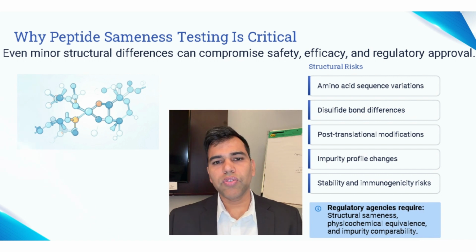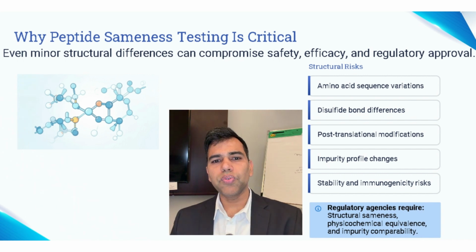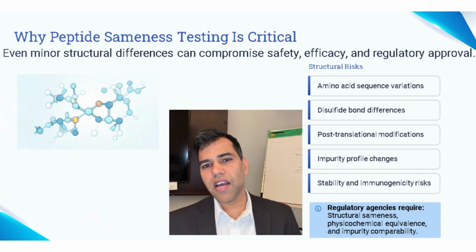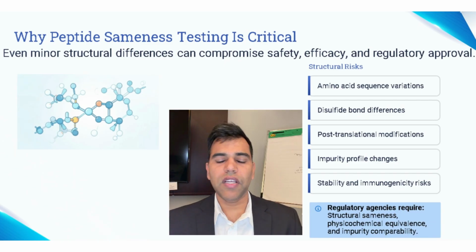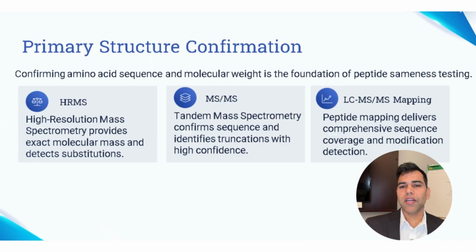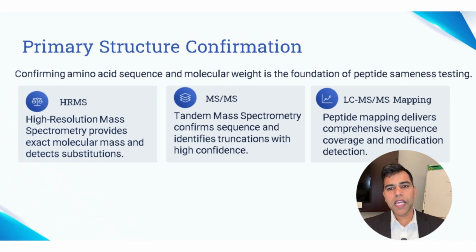So let me walk you through how you build the evidence that answers those questions convincingly. Everything begins with confirming primary structure. And I know that sounds basic, but the devil is very much in the details here.